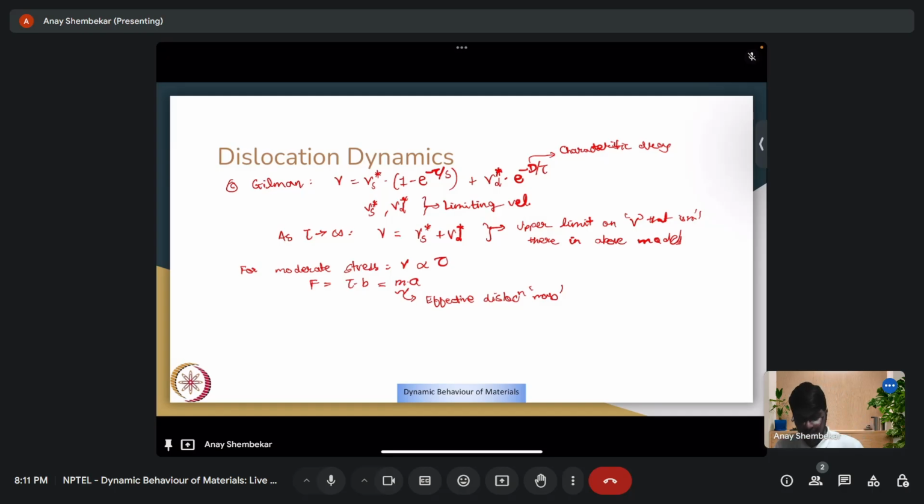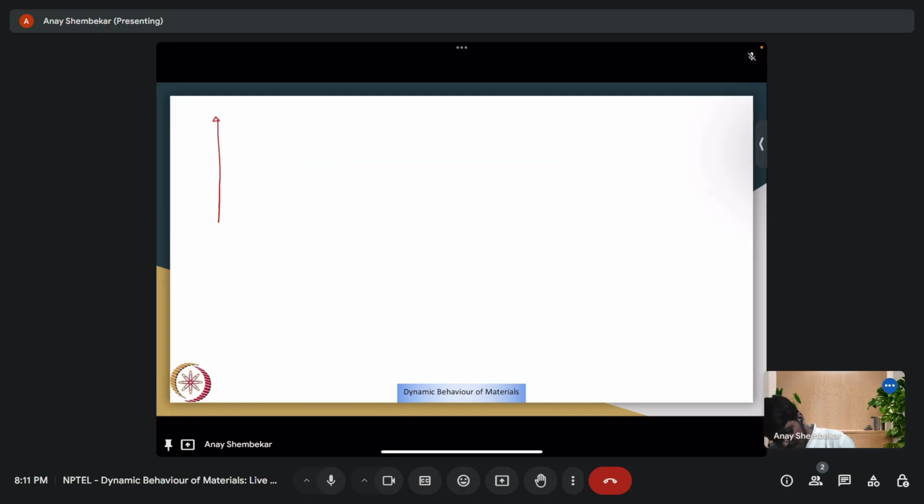So if one were to plot the log of dislocation velocity versus the log of the applied shear stress, sorry, the resolved shear stress, tau RSS, you could say something like this for molybdenum, something like this for another material, something like this for lithium fluoride with an edge dislocation.